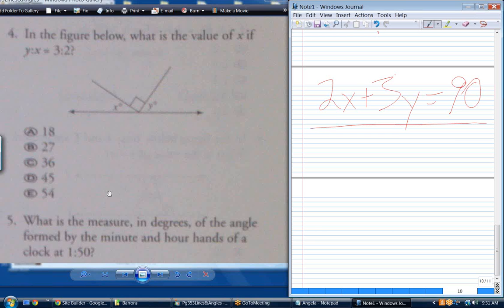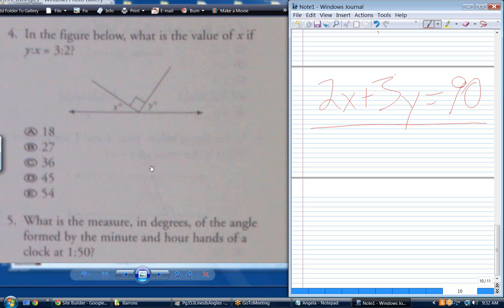We started with 27, and you know 27 can't be right because y would have to be 63. Is 63 to 27 a 3 to 2 relationship? No. And it can't be 45, because that'd be 45-45, which is a 1-to-1 relationship.